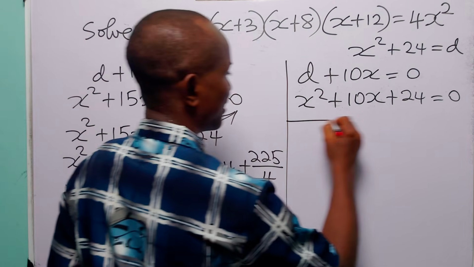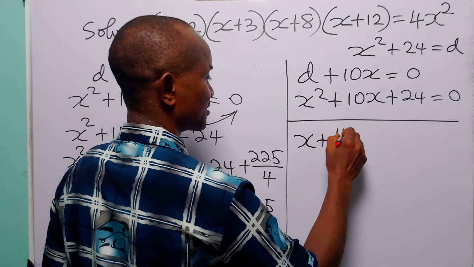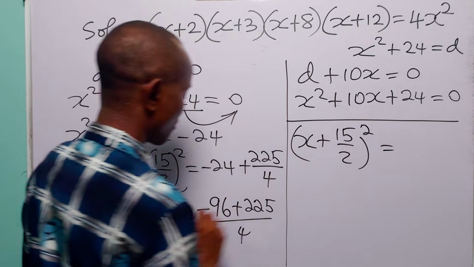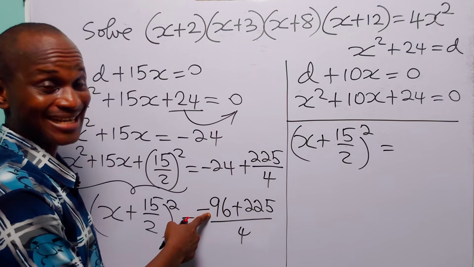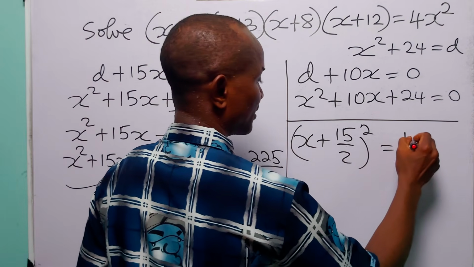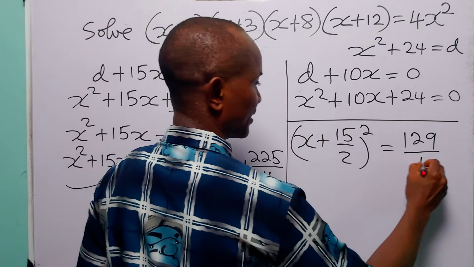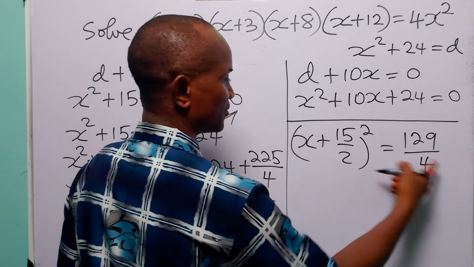Now from here we have (x + 15/2) squared is equal to 225 minus 96, which is 129 divided by 4.